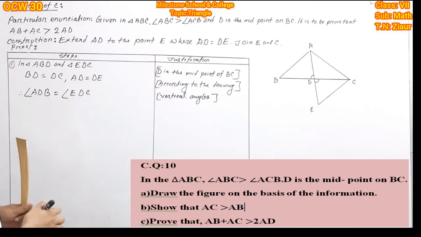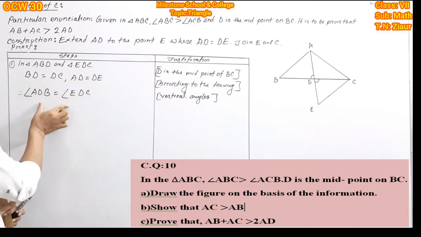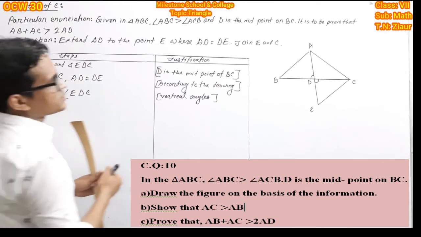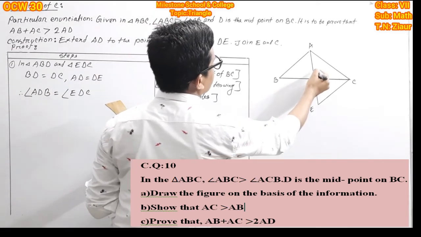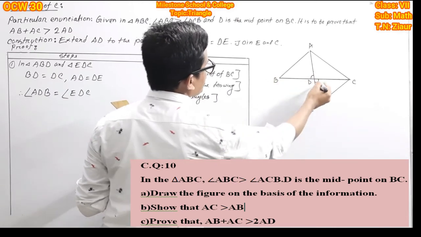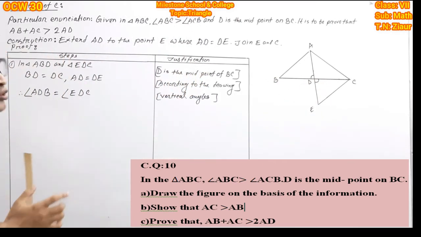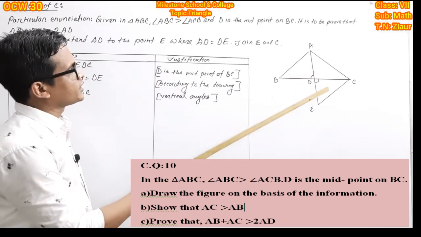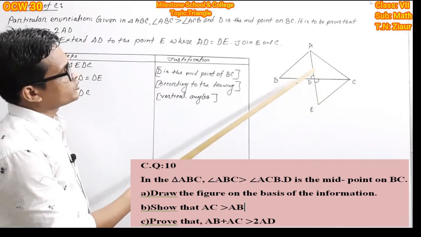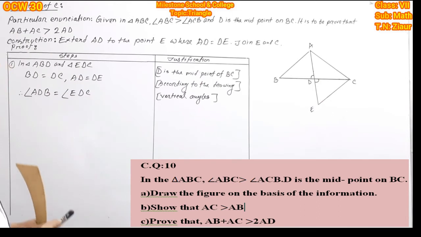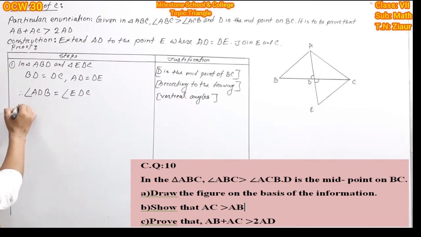So that's why, when two sides and the included angle, this side and included angle, this side and included angle are equal between these two triangles, we can write these triangles are congruent, students.